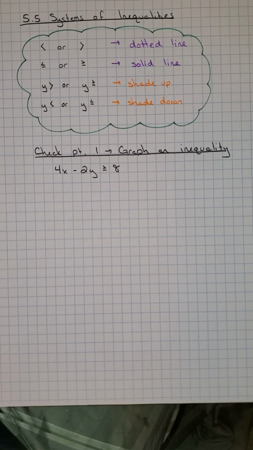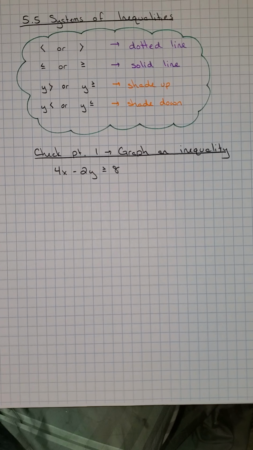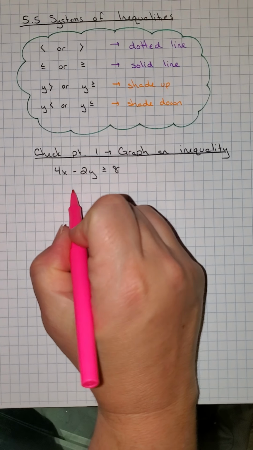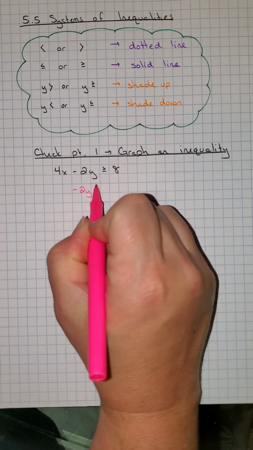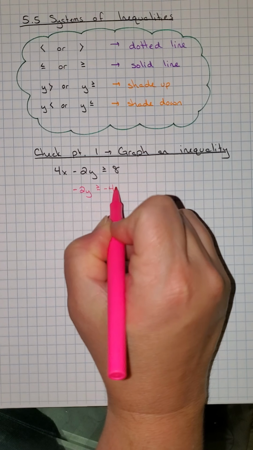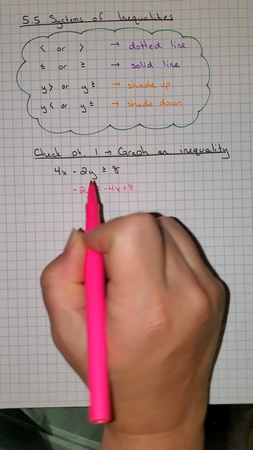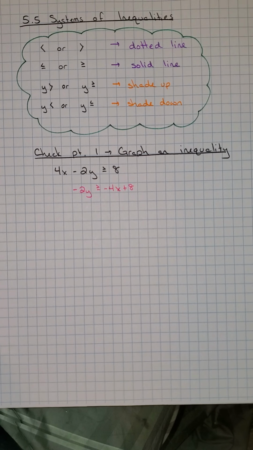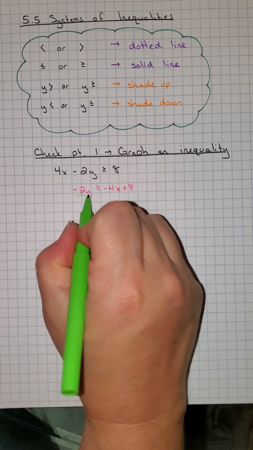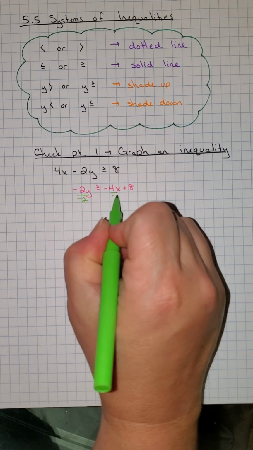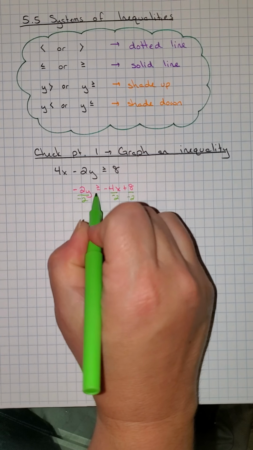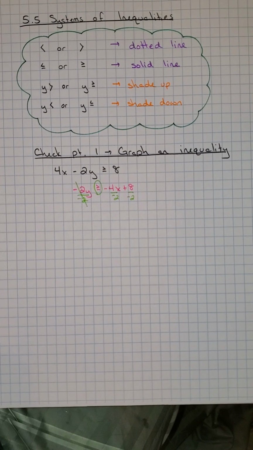I don't like to do it that way. I'd rather solve for y. So I'm going to subtract the 4x from both sides. So we have negative 2y is greater than or equal to negative 4x plus 8. And then you're dividing everything by a negative. And those inequality rules still apply, if you divide by a negative, you have to switch the sign.